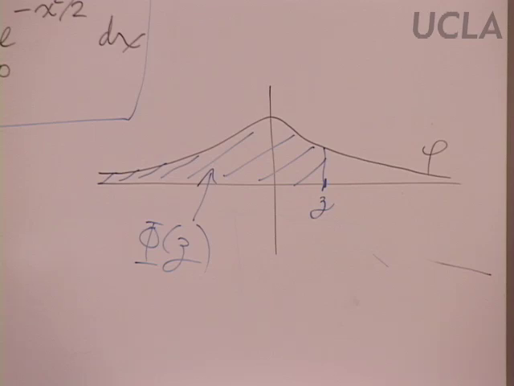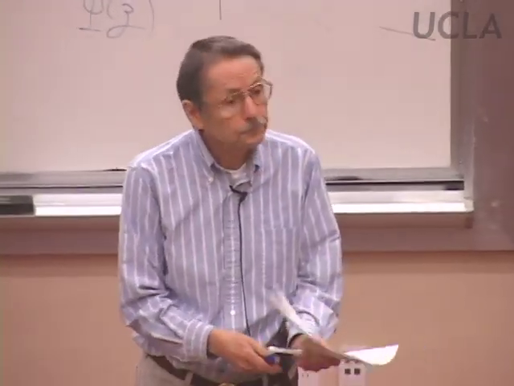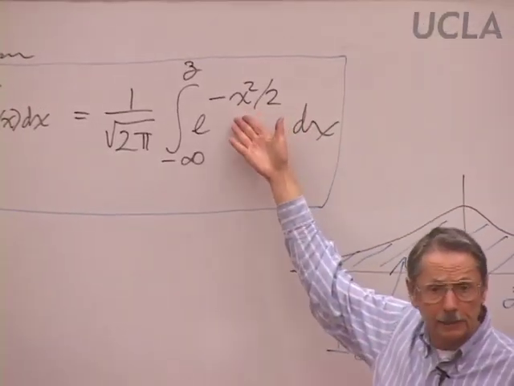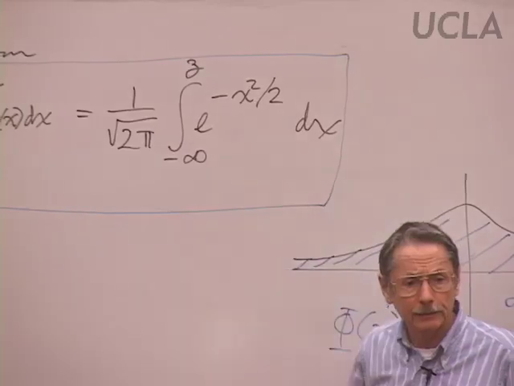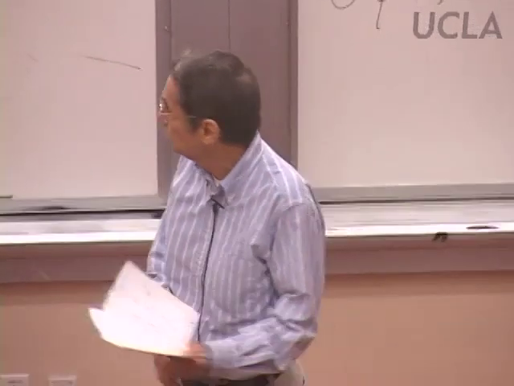And to evaluate this numerically, what if we want to know what capital phi of 1 is? This is not a function whose antiderivative we can write down easily in terms of any functions we know.